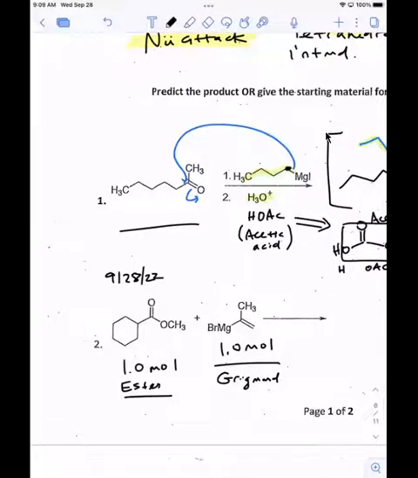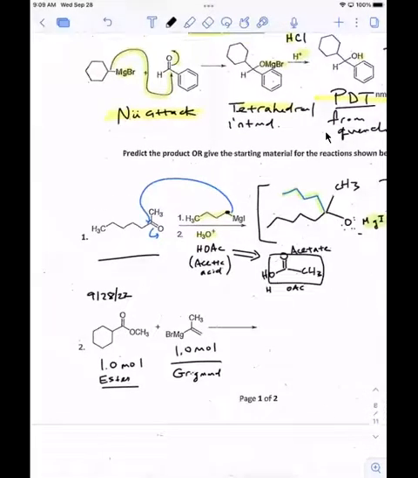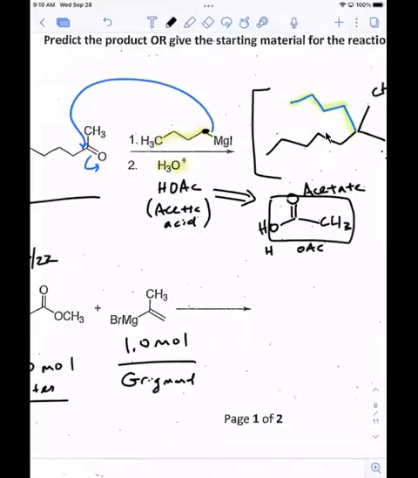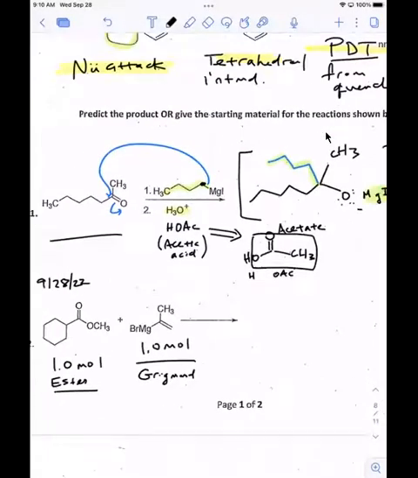What should I expect as the product if I add a Grignard to an ester in a 1-to-1 ratio? A ketone. Thank you. A ketone.